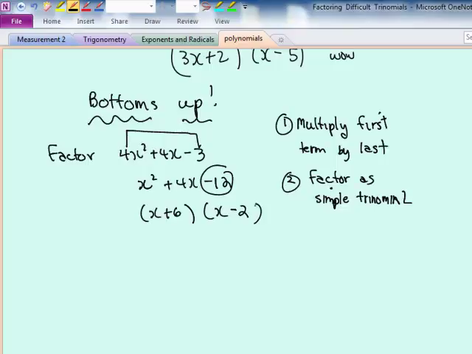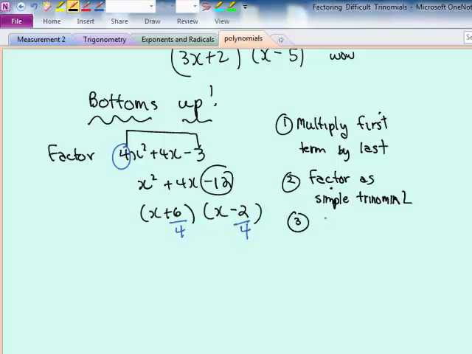This is the part that people make mistakes with. They say, oh, I'm factored. No, you're not. Because you multiplied the 4 by the 3, you have to put the 4 back in. And it's called bottoms up because a 4 goes underneath the numbers.